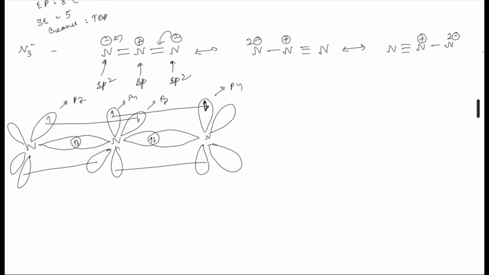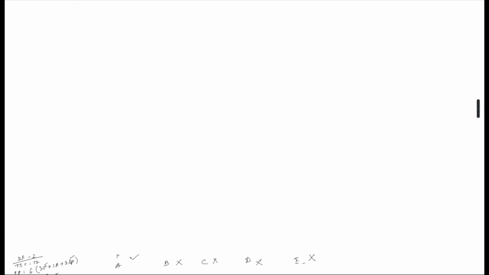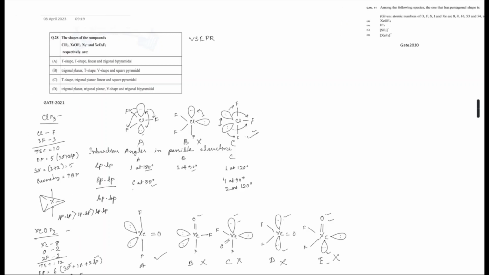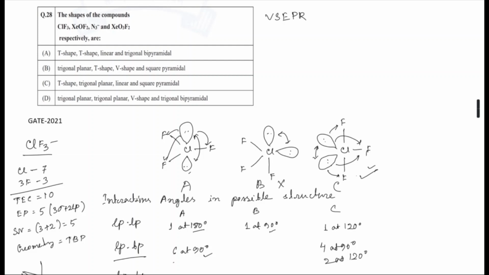It is linear. So ultimately, if we move back to the question, this is the question: the shape of these molecules. So ClF3, this is the preferred structure. This is T-shaped. We eliminate the lone pair to find the shape. So this is T-shaped.